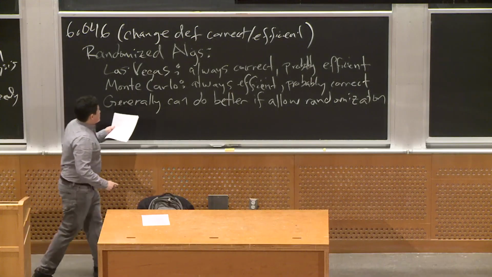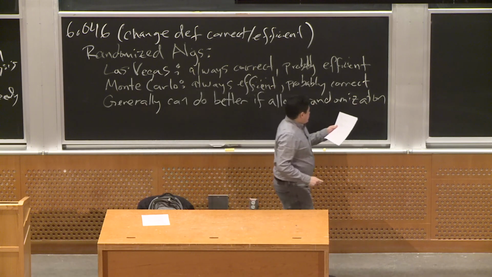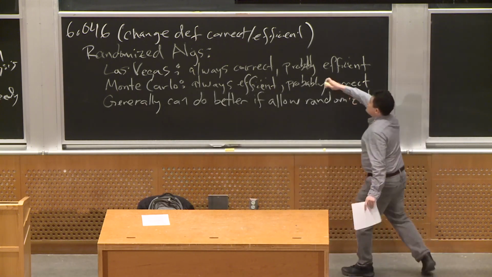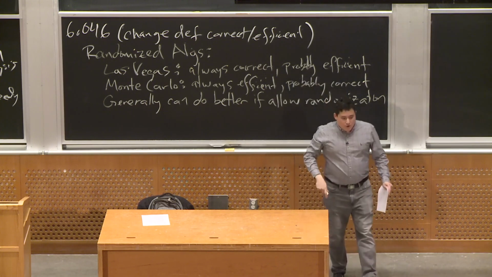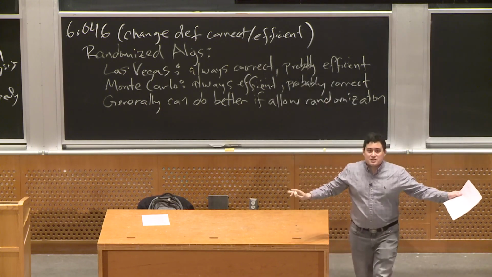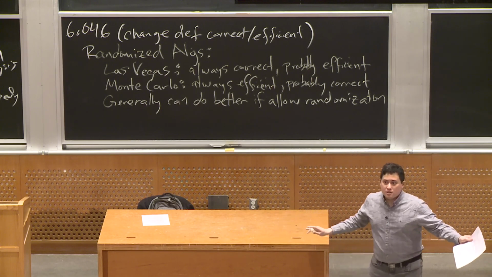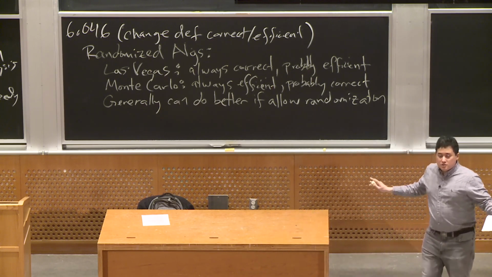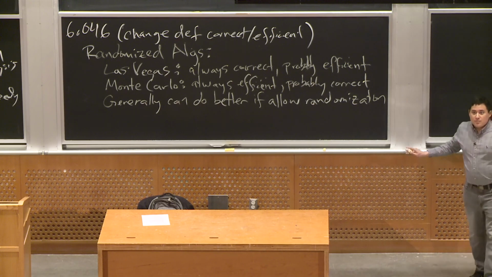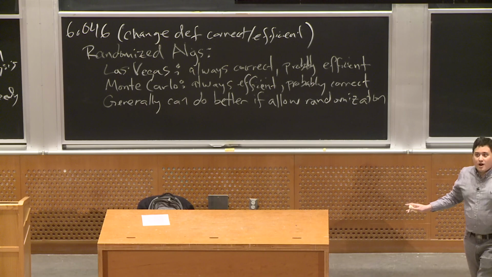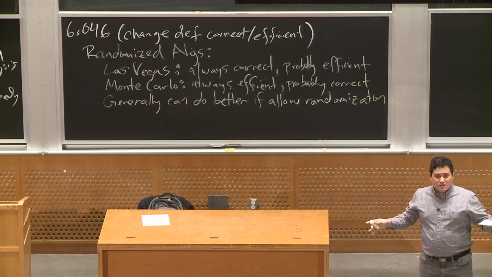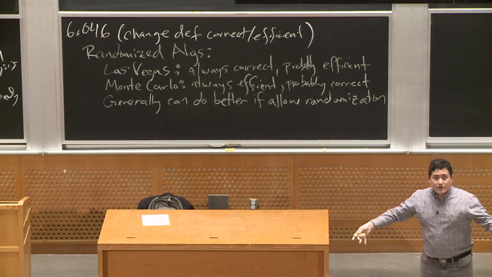Okay? The next part on 006 is kind of changing what our definition of correct or efficient means. I mean, we've restricted ourselves in this class to a class of problems where we only talk about integers, right? But there's tons of problems in this world, especially in scientific computing, where I want to be able to find out what this real number is.